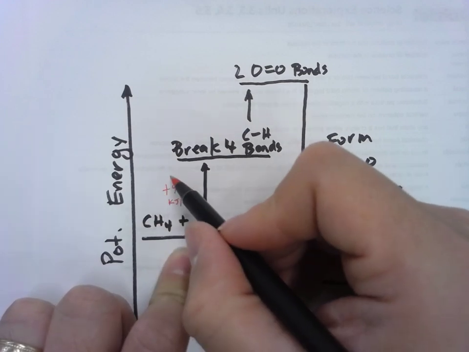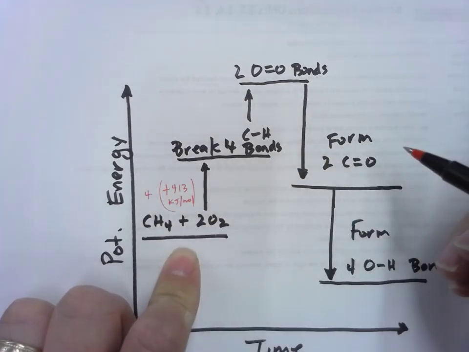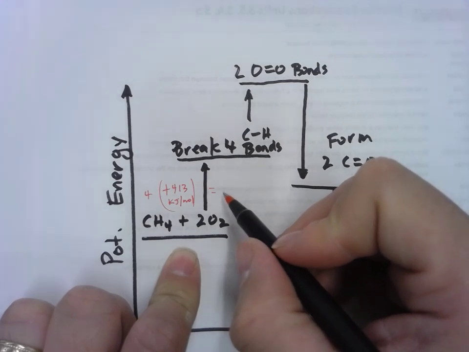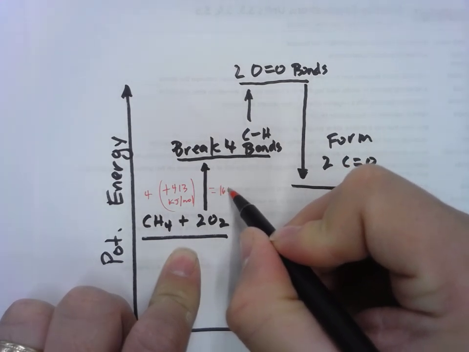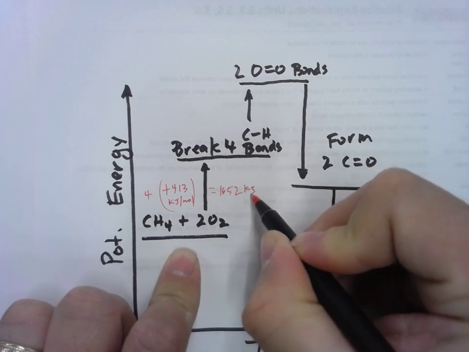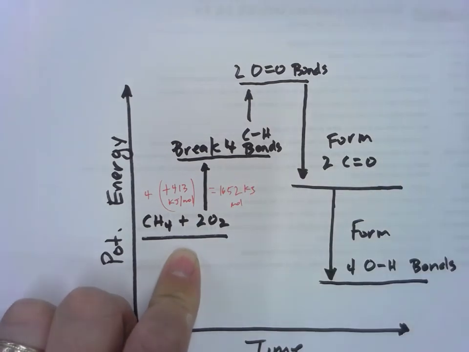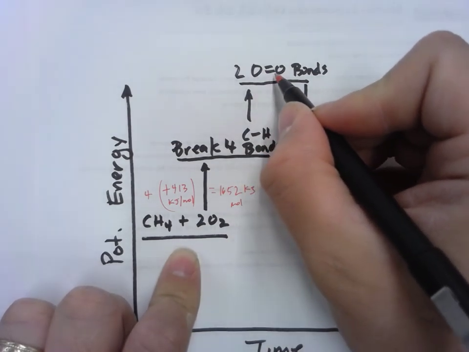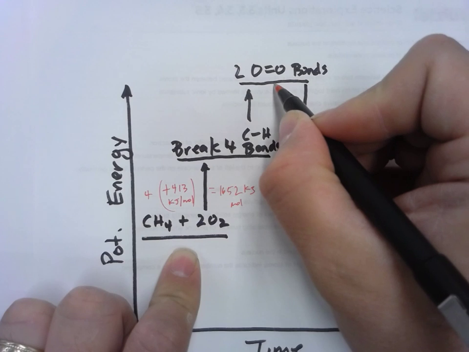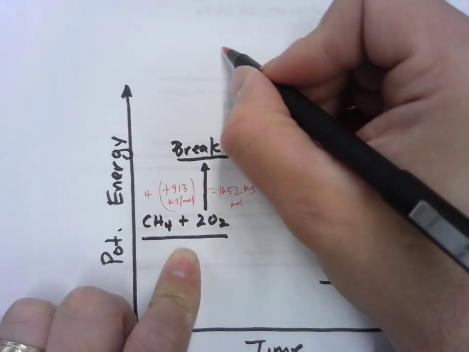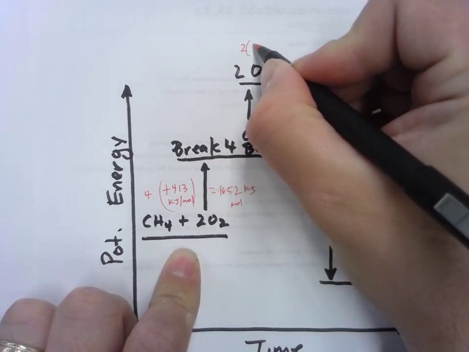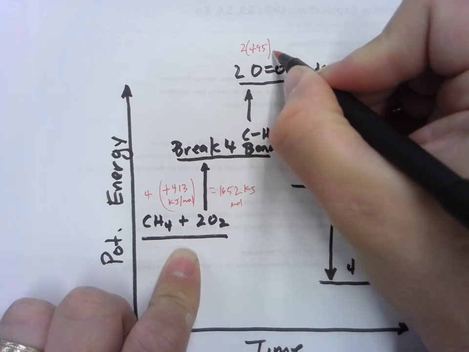Because there's 4 of them, and we said that equals 1652. We also had to add in the amount of energy needed to break these 2 oxygen double bonds, and that's 2 times 495, which we said was 990.